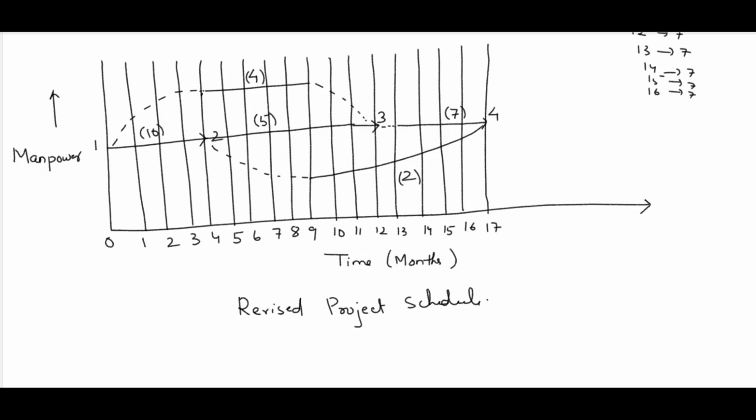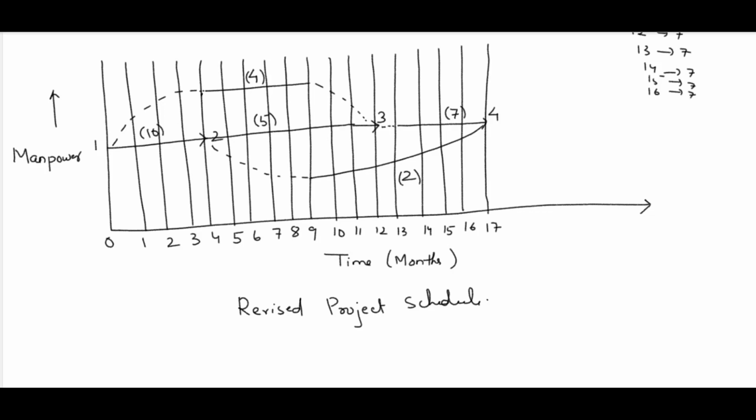If we summarize this problem, first of all we have to shift the non-critical activity with the most slack, which we did for activity 1 3. Then we shifted the slack of activity 2 4.